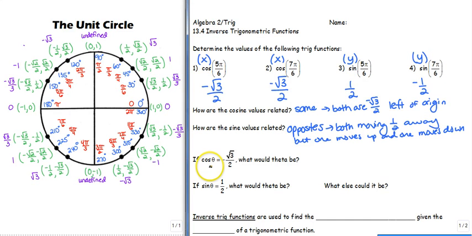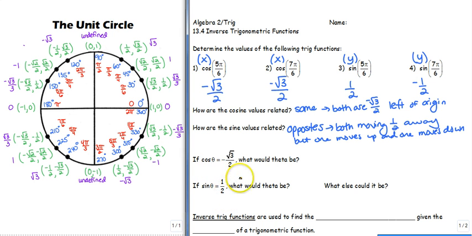So let's look at this coming from a different direction. What if I said the cosine of some unknown theta is a negative root 3 over 2? What would theta be? So instead of me telling you, look at this angle, look at this radian measure, and tell me the cosine, what if I said, here's the cosine? What theta value gave me that?